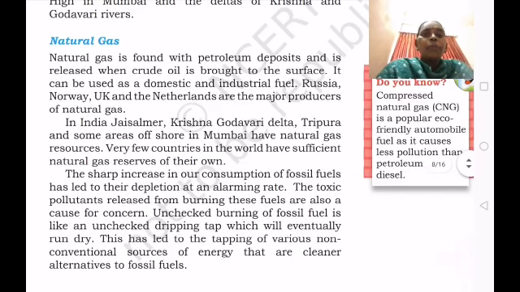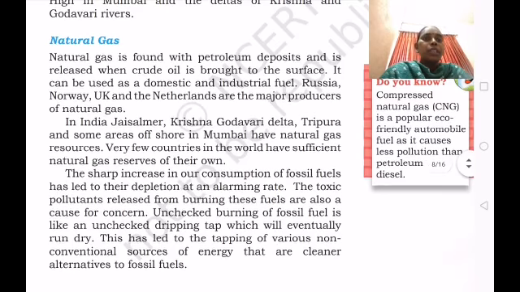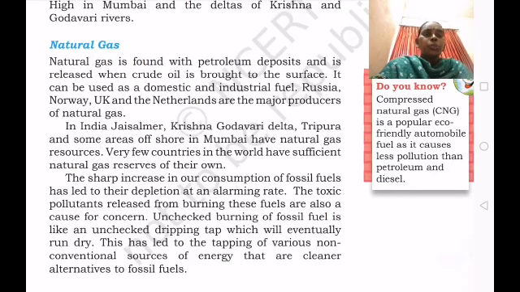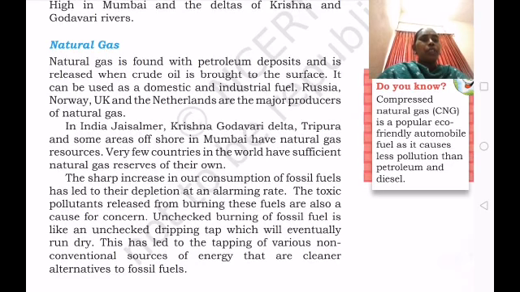So children, the sharp increase in our consumption of fossil fuels has led to their depletion at an alarming rate. When we use them, we should use them very carefully.